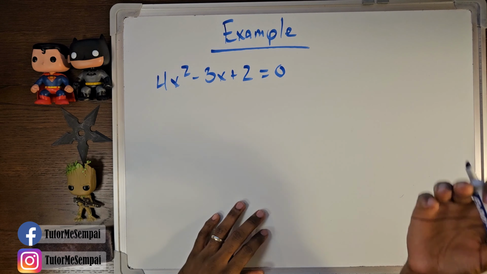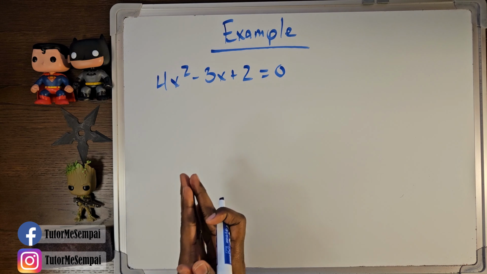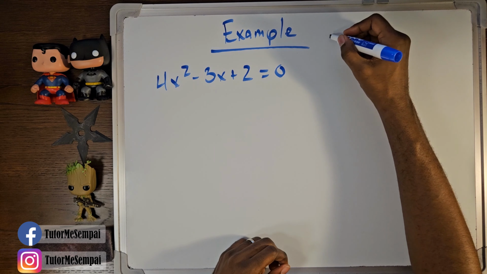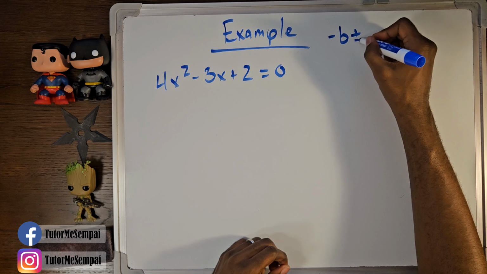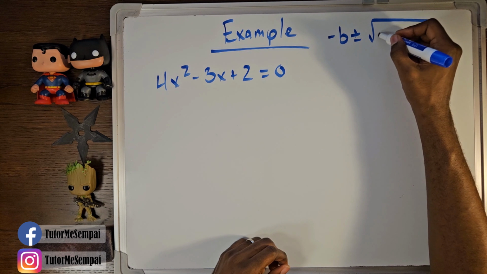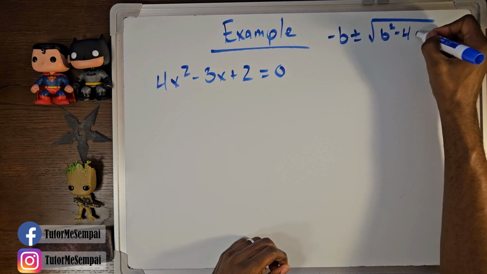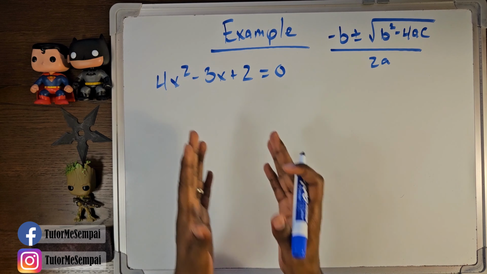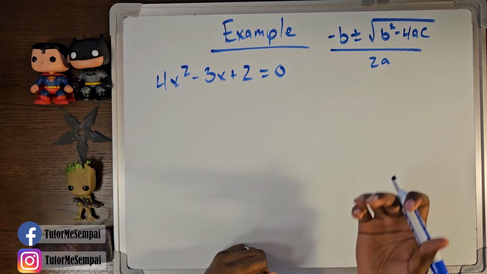So today we're going to use our quadratic formula to help us with this, because this is a quadratic equation. And remember, your quadratic formula is minus b plus or minus the square root of b squared minus 4AC all over 2A. So we're going to simply take this and plug it into our quadratic formula and see what we get.